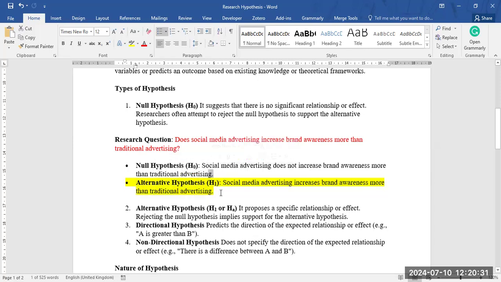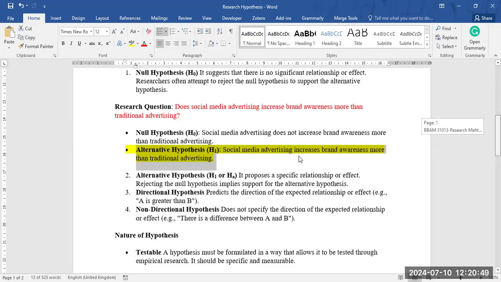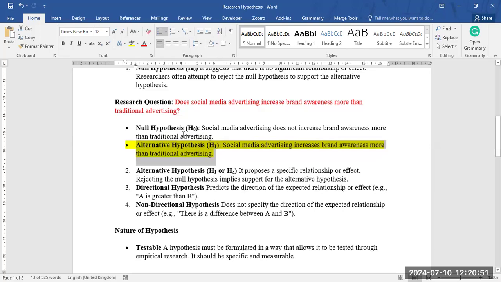When they accept the alternative hypothesis, that means there is a relationship. That means the social media advertising increases the brand awareness. So automatically the null hypothesis is rejected, right? So now you don't need to worry about the null hypothesis being rejected, but researchers always try to consider the alternative hypothesis in their work to create the relationship or to predict the outcome.